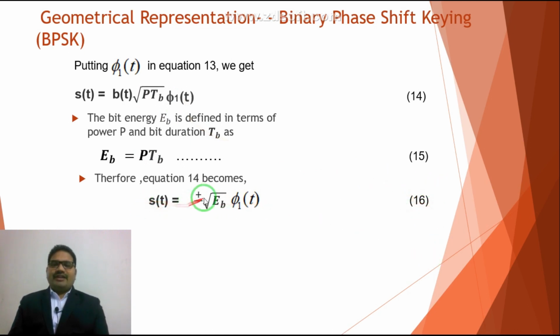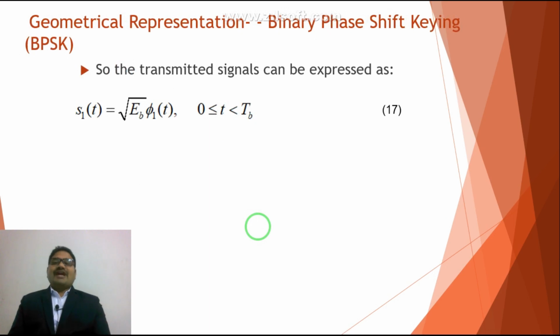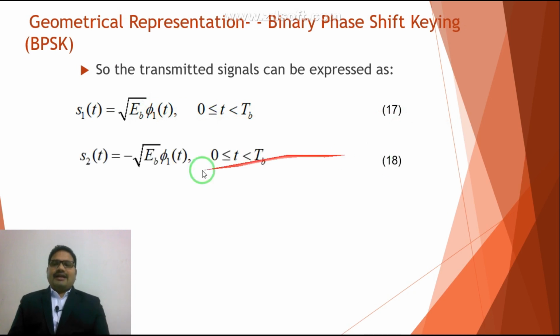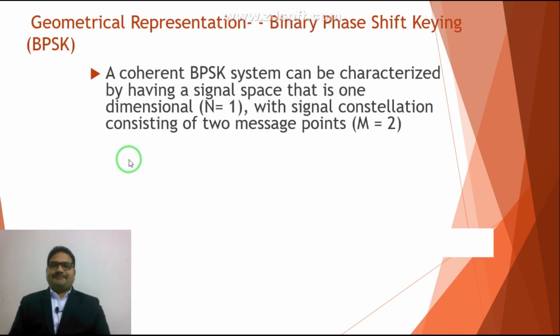So S of t could be plus minus square root of Eb phi 1 of t. So the transmitted signals could be represented as S1 of t, that is square root of Eb phi 1 of t, equation number 17. And the next, equation number 18, would be minus square root of Eb phi 1 of t. So the transmitted signals could be positive or negative. For transmission of binary 1, it is positive, and for transmission of binary 0, it is represented with a minus sign.